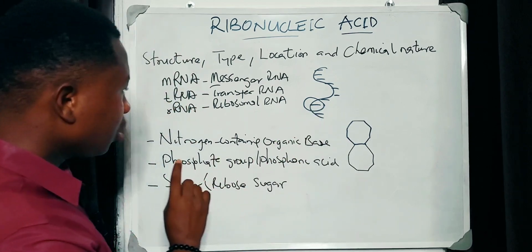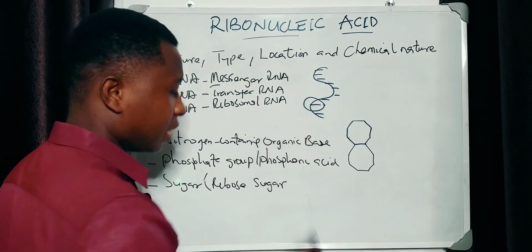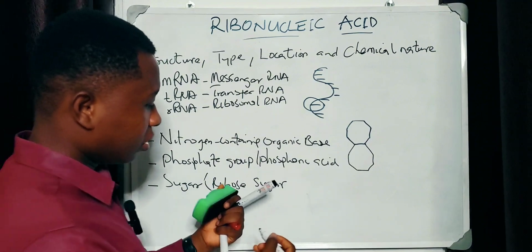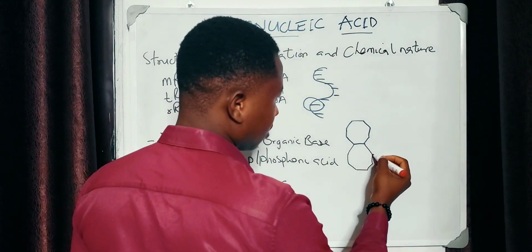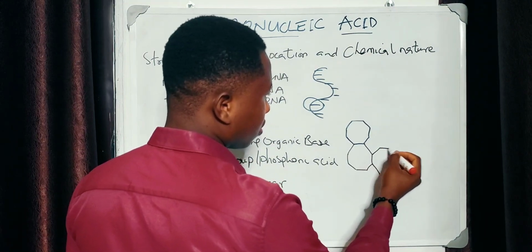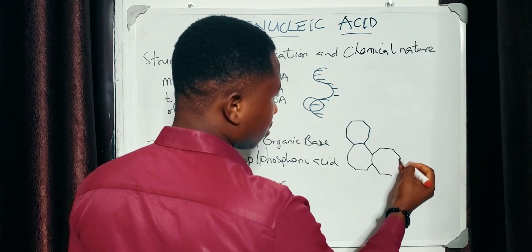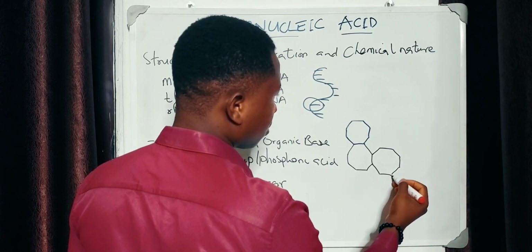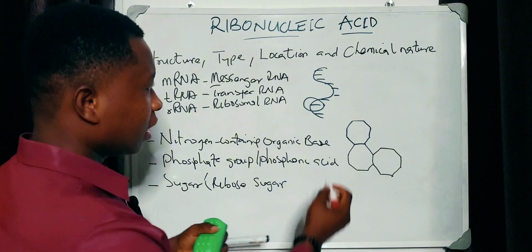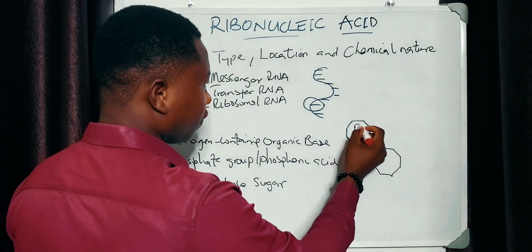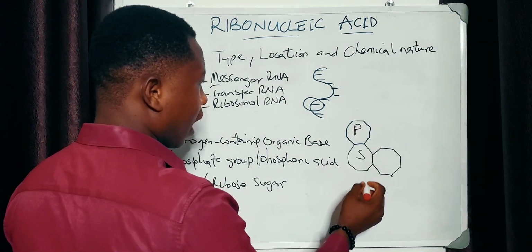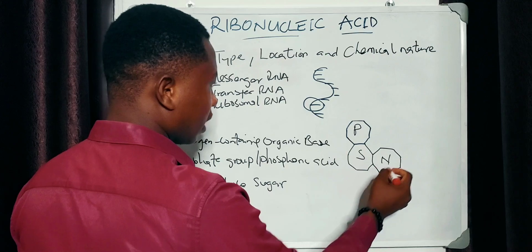Now we are going to include the nitrogen containing organic base. Let's include the nitrogen containing organic base here. Okay, so let's label this phosphate group, sugar, and nitrogen containing organic base.